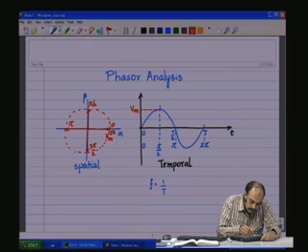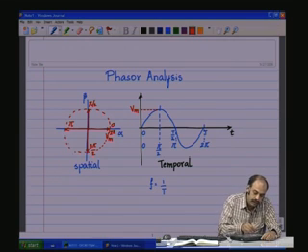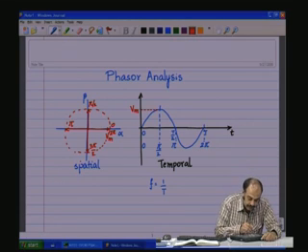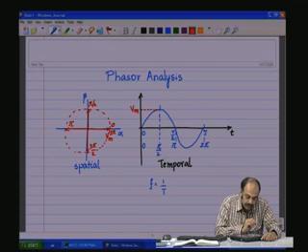It comes to 2 pi. So, a vector which rotates like that and completes one complete circle is equivalent to a sine wave which has completed one period.